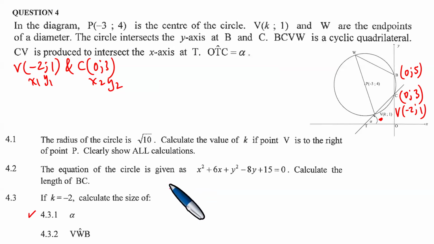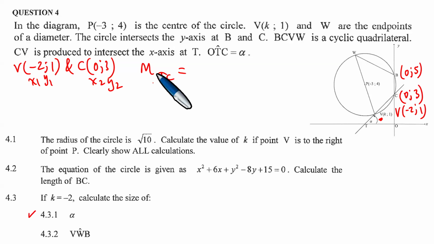The gradient of this line is nothing other than what? The gradient of this line is the m. It's like the gradient of TC.